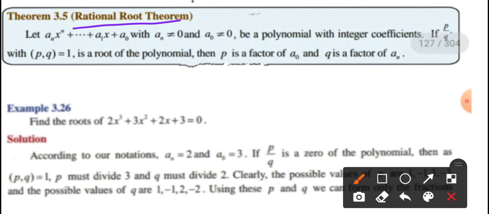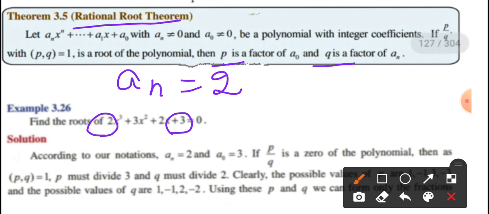First we find the p and q values. What are a_0 and a_n? Here a_n is 2, and a_0 is 3.